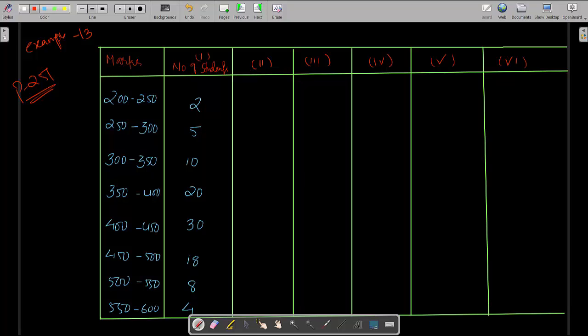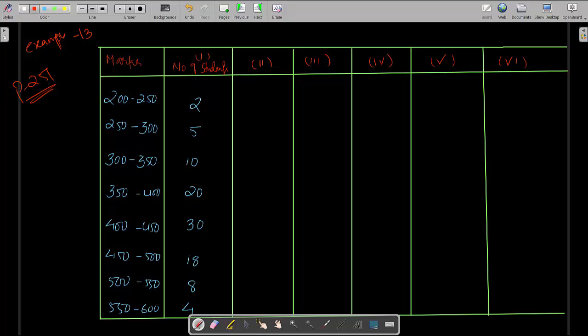So here you first have to make 7 columns: 1, 2, 3, 4, 5, 6, 7. In the first one you write down the class interval, and after that you give the column names: 1, 2, 3, 4, 5, and 6.